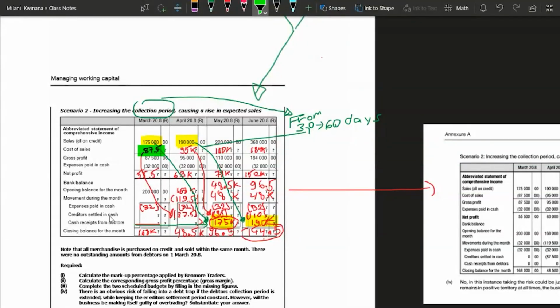We pay them after 30 days. Creditors after 30 days. 95 after 30 days. 110 after 30 days. Do we agree? Yes, sir.